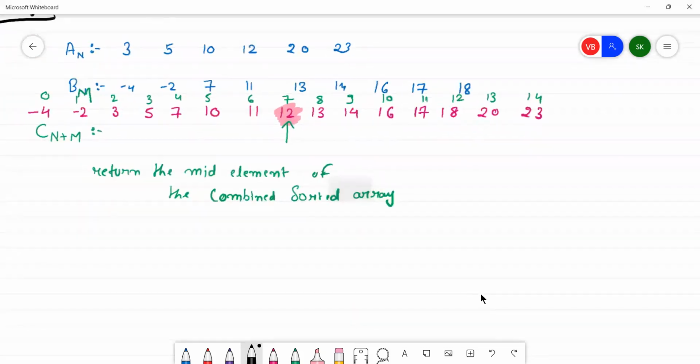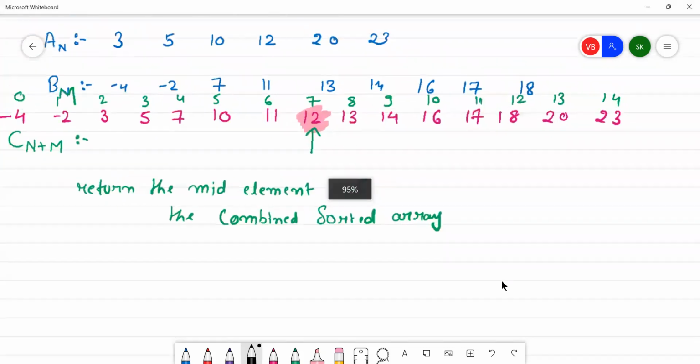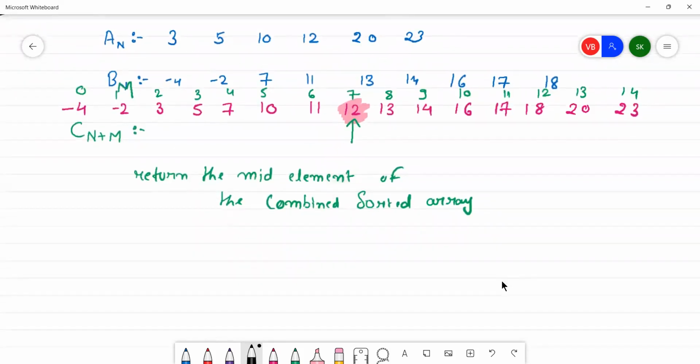Here comes one technique, which is known as the two-pointer technique. Okay, Bhuvnesh, you have done the same thing. I'm just naming it the two-pointer technique. Yeah, we can do that, Vishnu, but that will be too big, right?